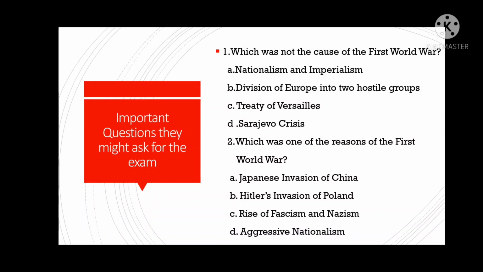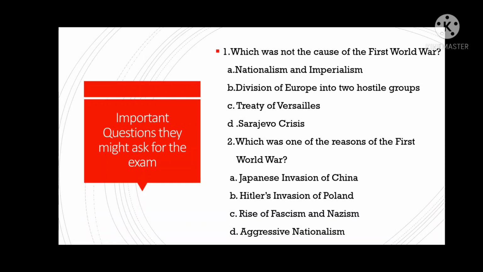The second is division of Europe into 2 hostile groups. Third is the Sarajevo crisis, also called the immediate cause of the First World War or assassination of Archduke Francis Ferdinand.